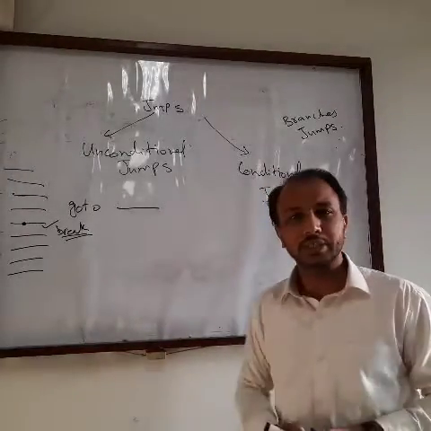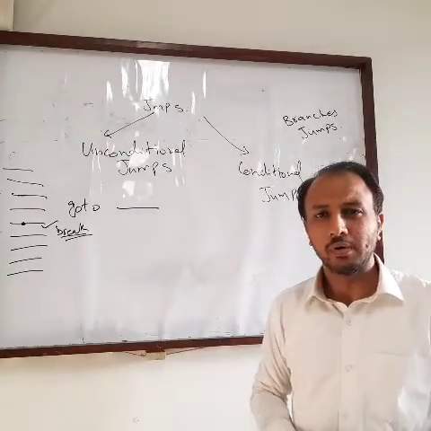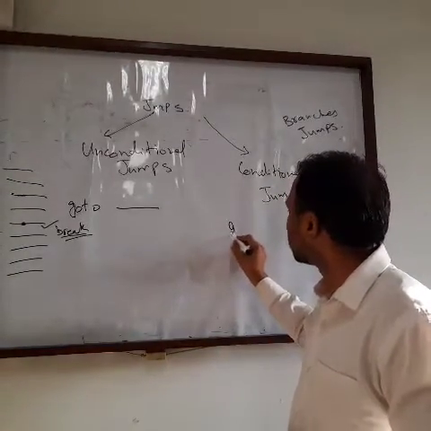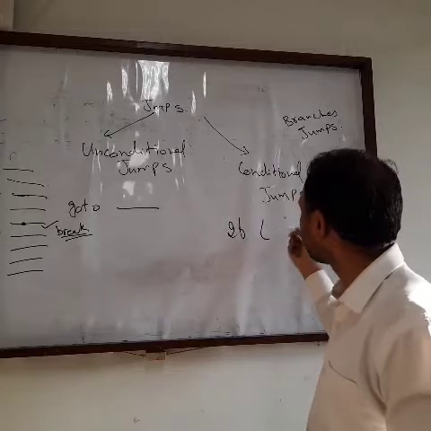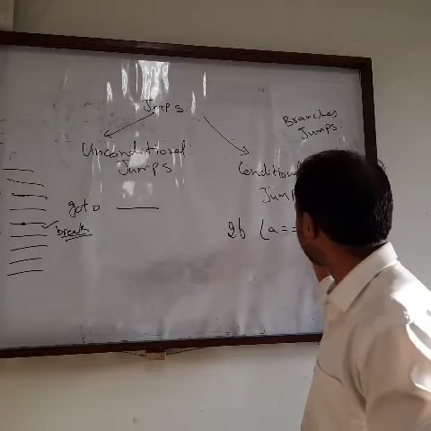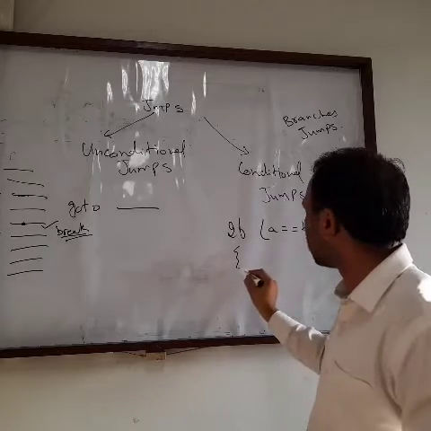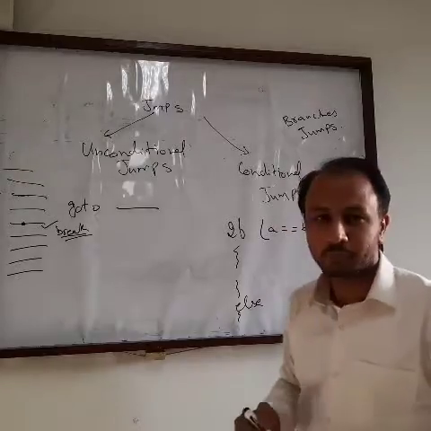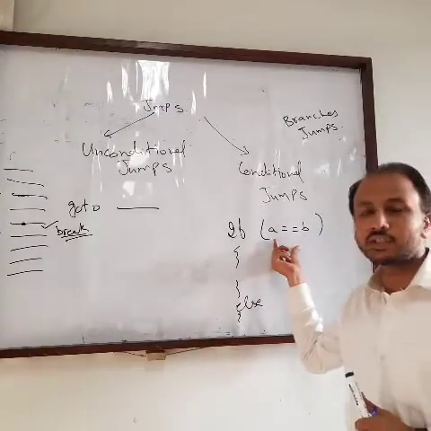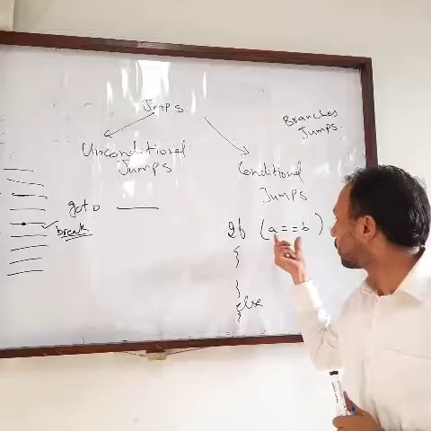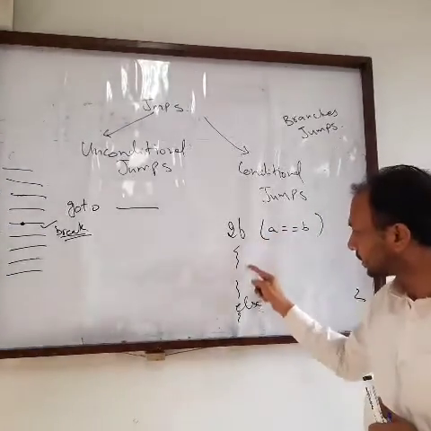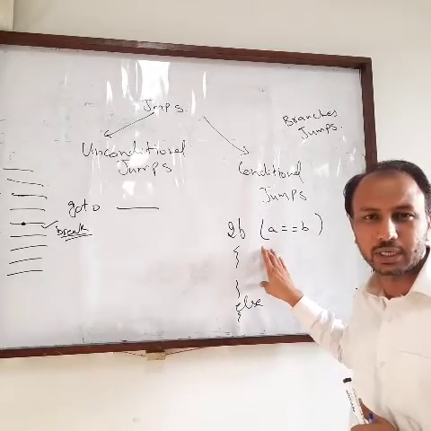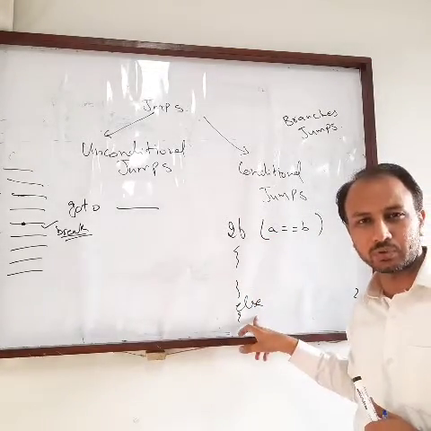Any examples of conditional jump? Yes, for example, you are using if A is equal to B, then do this, else do this. If this condition is not correct, you go from this position, all these instructions should be skipped, and you come to the else position.